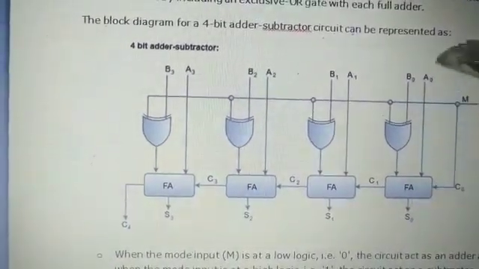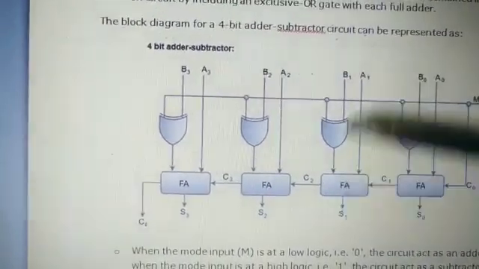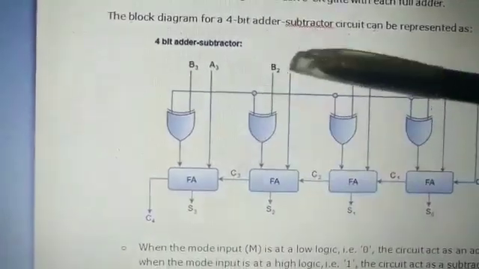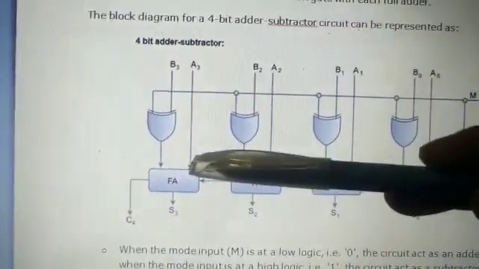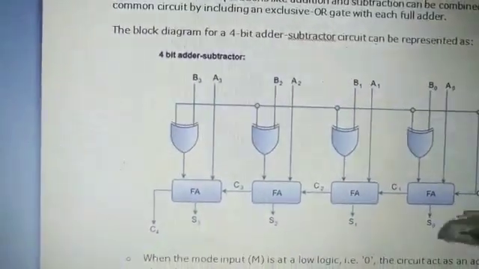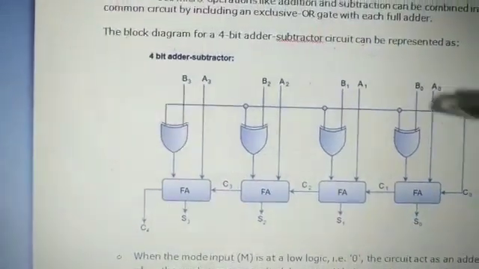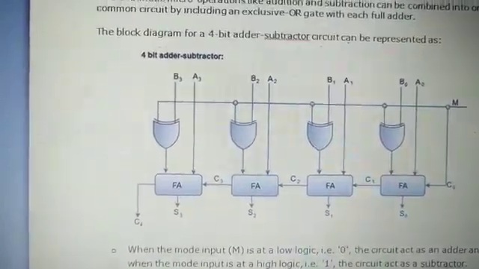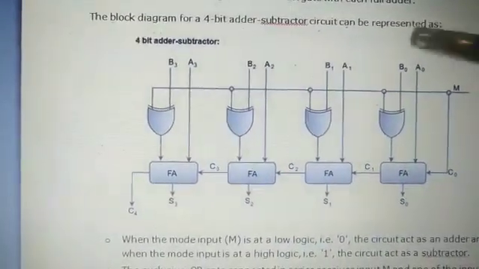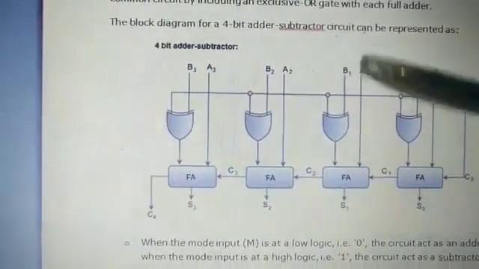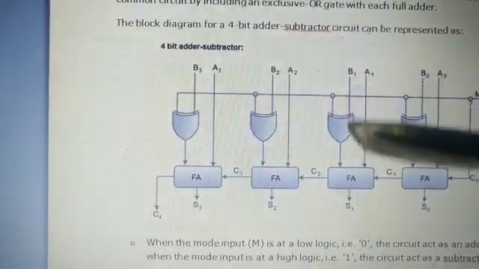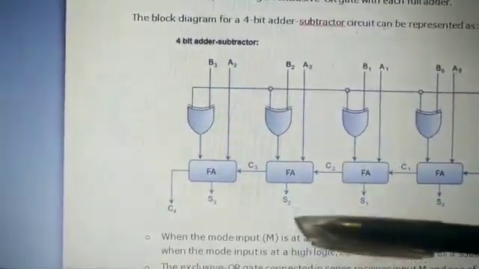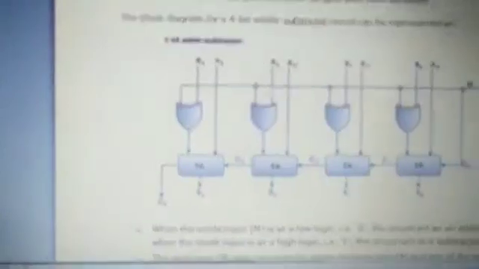So directly B0 and A0 are added, B1 and A1, B2 and A2, B3 and A3. S0 is the addition result for the first bit, S1 is the result for the second bit, S2 the third, and S3 the fourth.